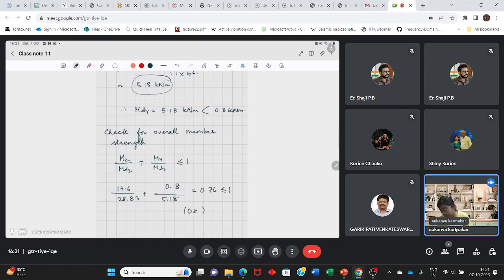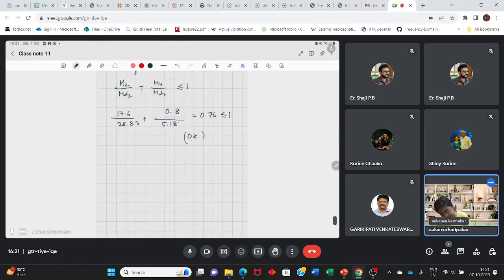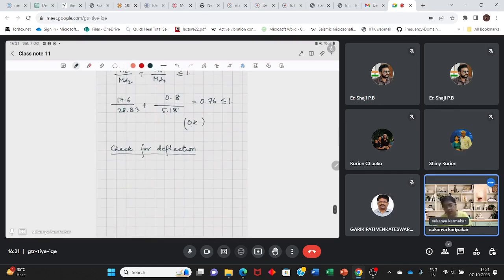Then finally, we'll check for the deflection. This is the serviceability check. What load is used, factored or unfactored?